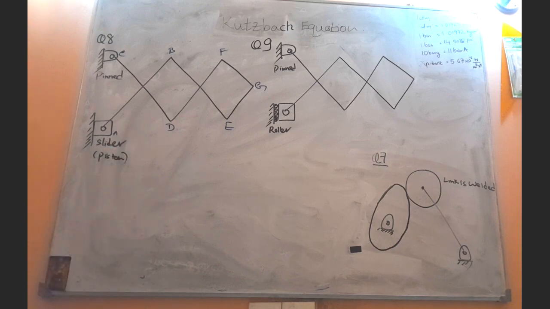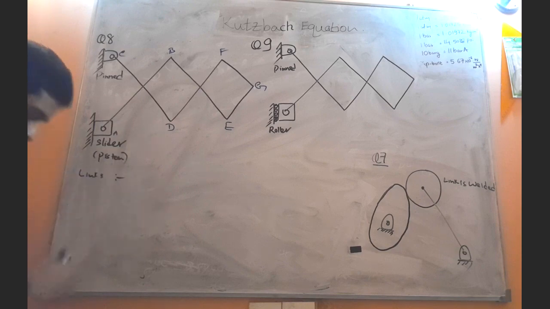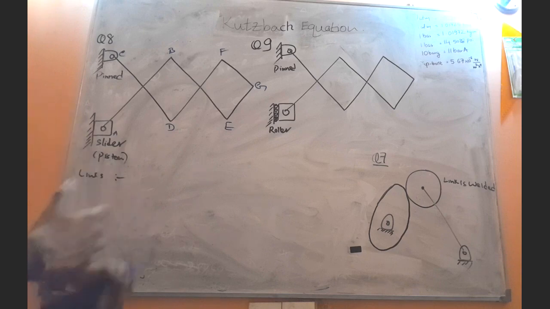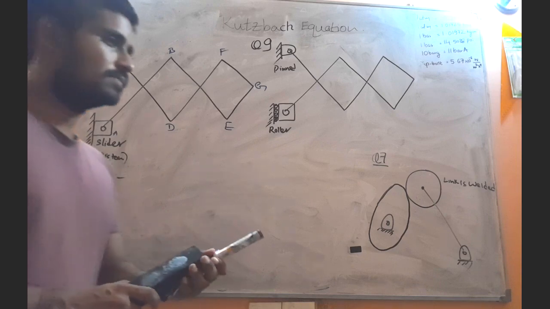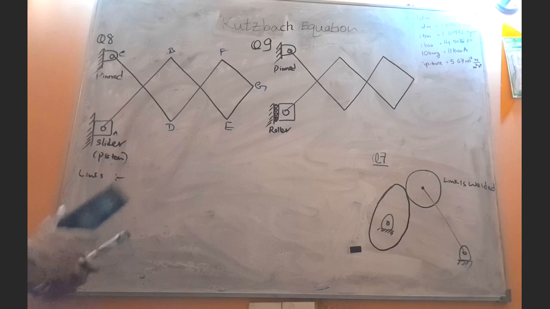Now the first thing that we have to do is calculate the number of links, or find the members of the family. So how many members are there? I have told you the first member is the ground, or the base. So here we have the base.